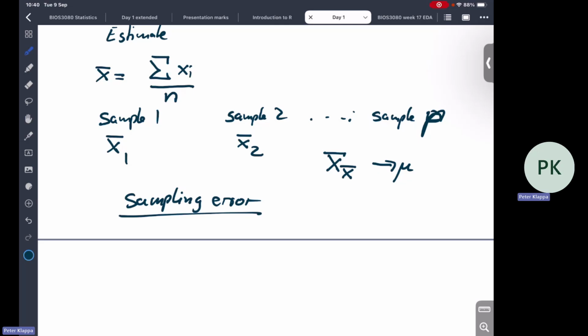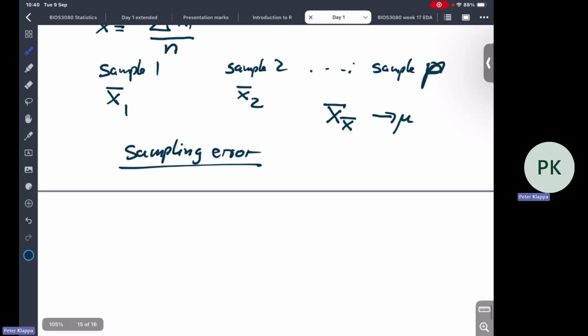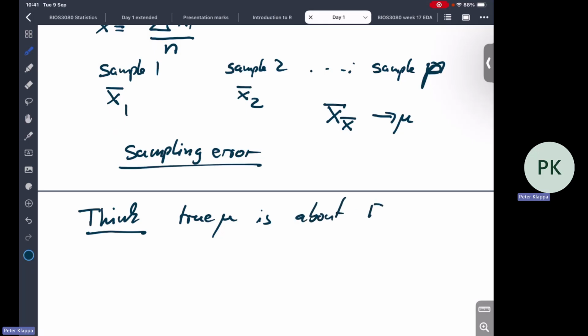We could, for example, say, instead of saying it is exactly 178 centimeters, we could say, we think the true population mean is about 175 centimeters.